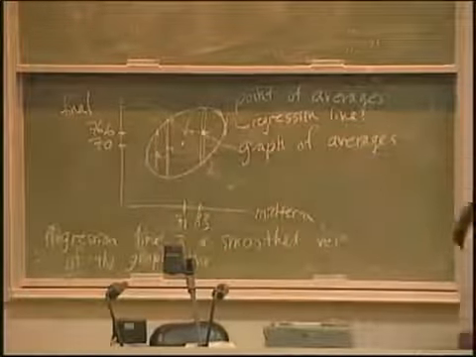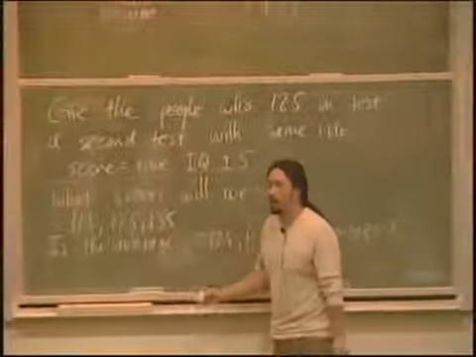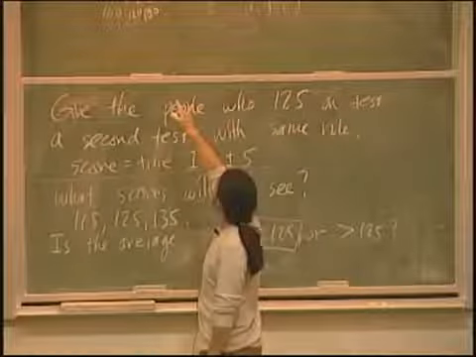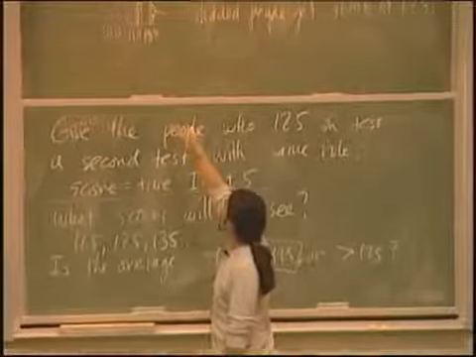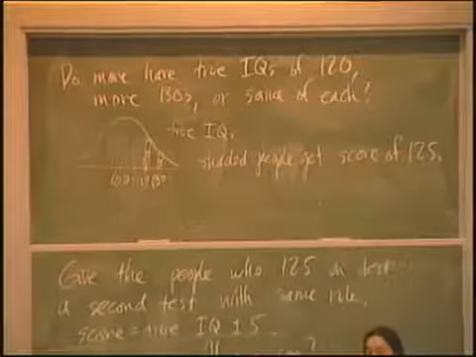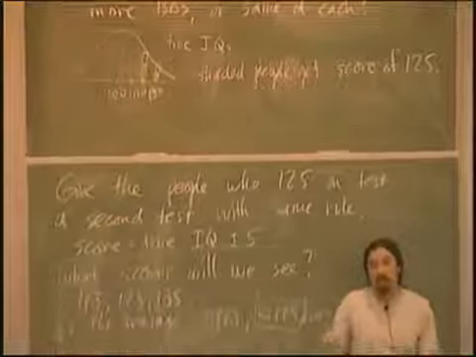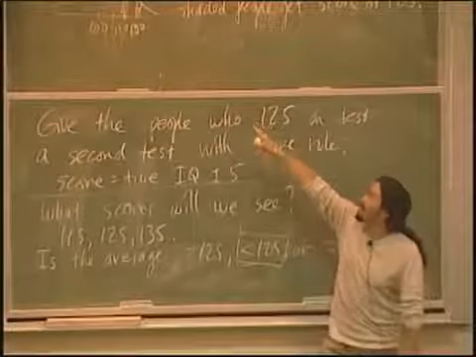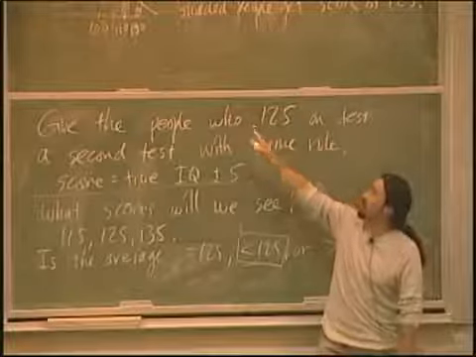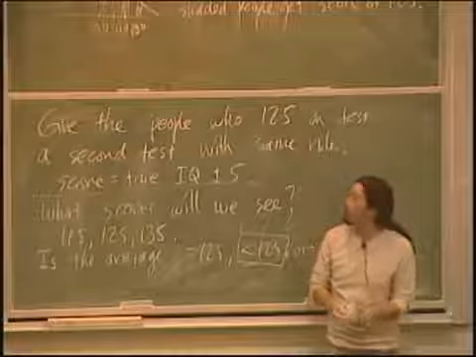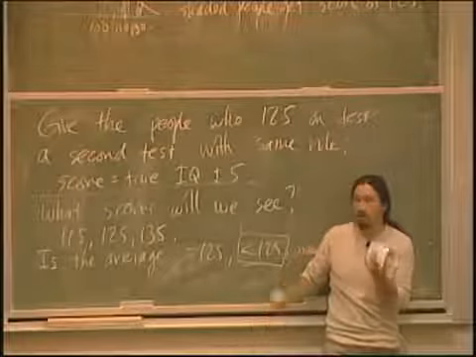If you think about the people in this room that got a 125 test score, you might think of them as on average lucky. Another way to think about the fact that more of them got 120s than 130s: the people that had a true IQ of 120 got lucky.